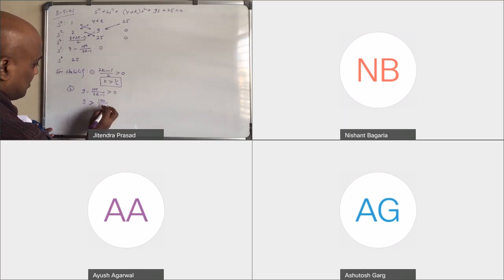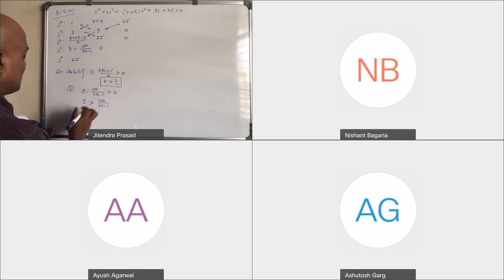So basically, since this is positive, you can multiply both sides. So we get 9 times 2k minus 1 is greater than 100.